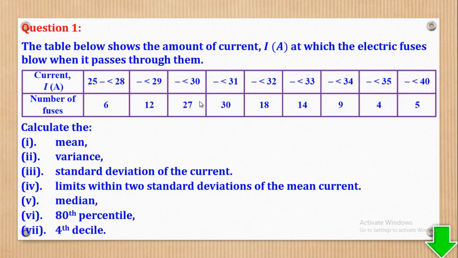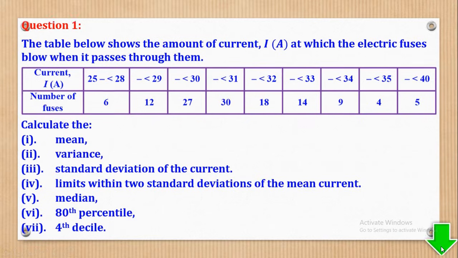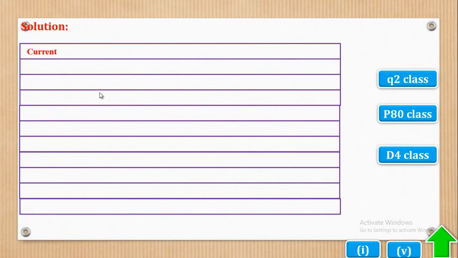So we only combine the 2 into 1 column, and that will be the column of class boundary, because that's what we are going to use to answer the questions. So we are going to put class boundaries. So let's do that. And like I said, class boundaries are put by ignoring the inequality sign.